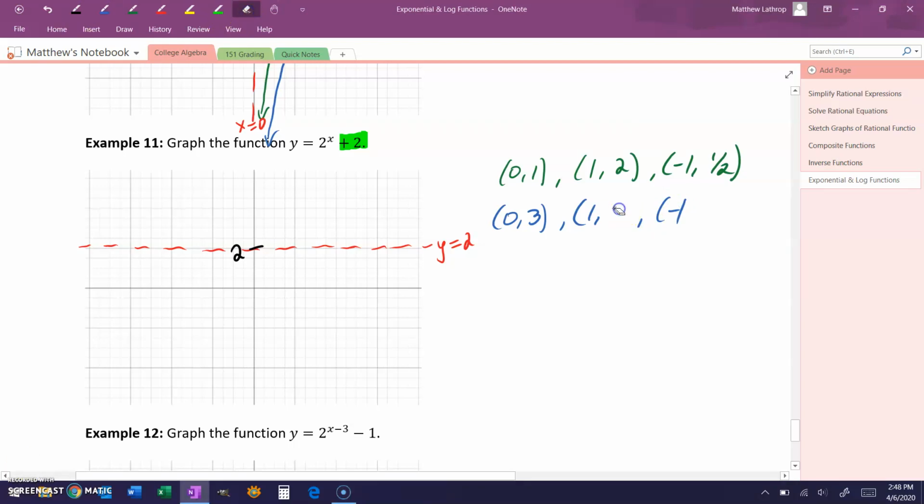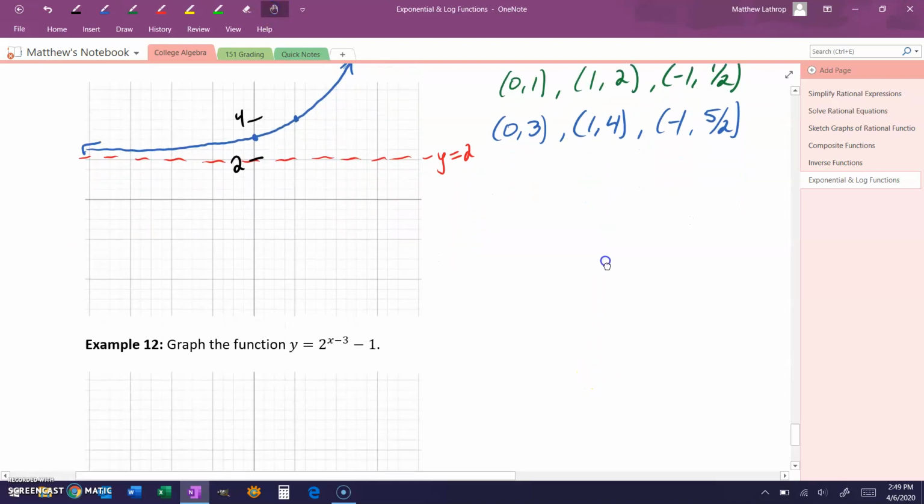My arithmetic is off today. If we're increasing by 2, that's going to be through (1, 4), and through (-1, 5/2). So if this was 2, this would be approximately 4. What we're going to see now is our graph passing through that point (0, 3), and then (1, 4). So we have that exponential function shifted up by 2 units, meaning that also that horizontal asymptote gets shifted up 2 units as well.